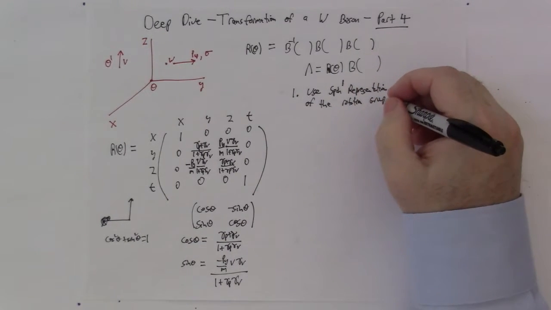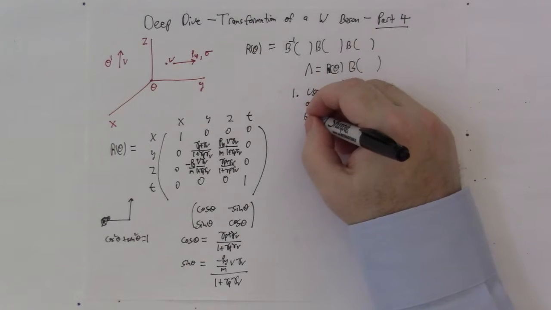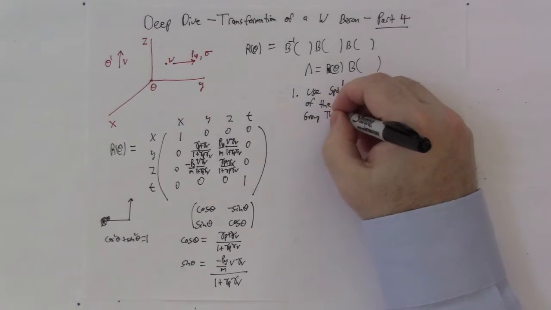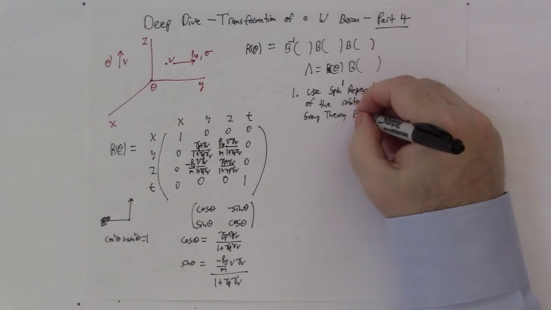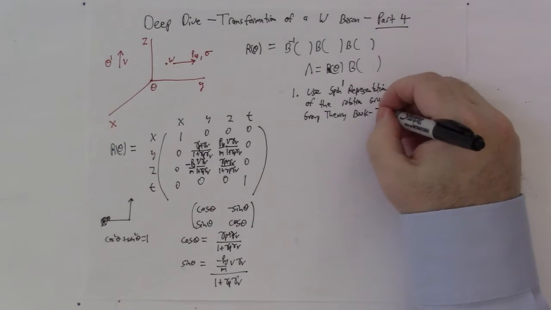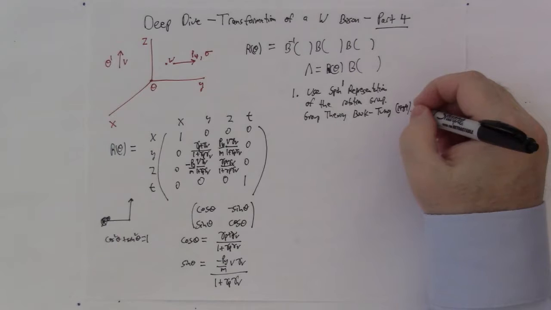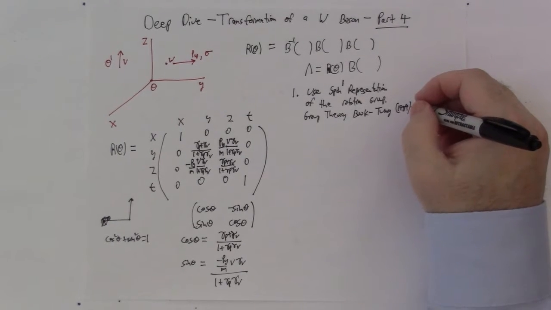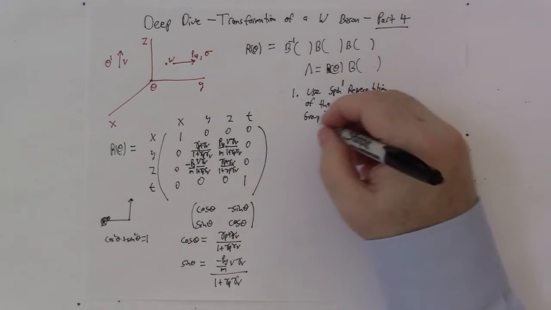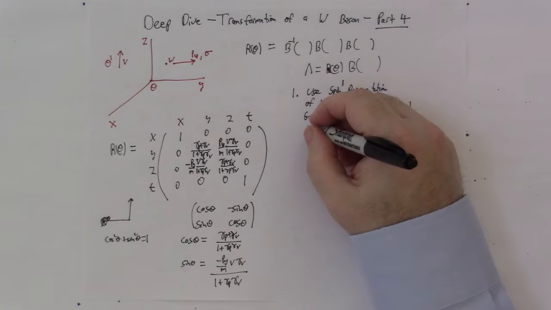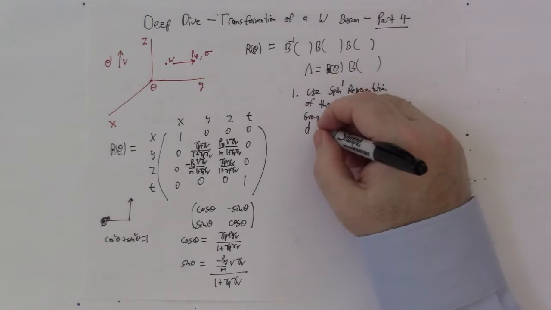This involves going to one of your group theory books to get the right conventions and everything. Tung is a very good example. I think it was published in 1984. He does this, and you go to the tables and you use your D matrices.